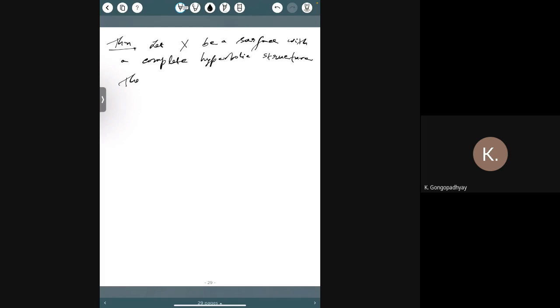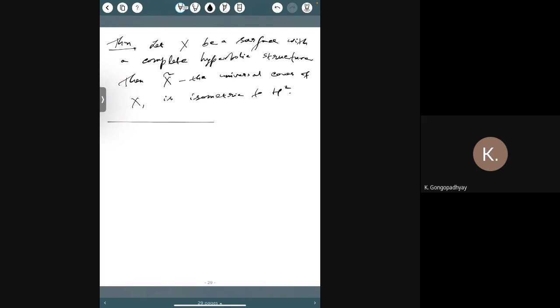Okay. Then X tilde, the universal cover of X, is isometric to H2. All right.